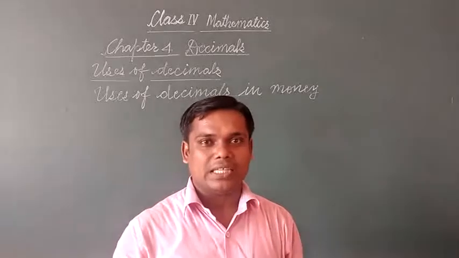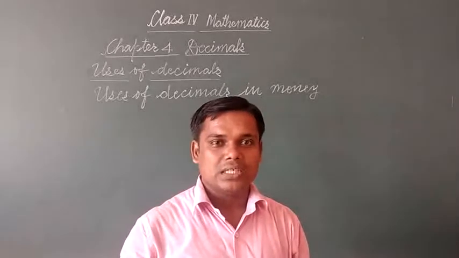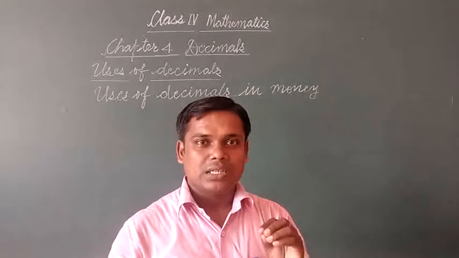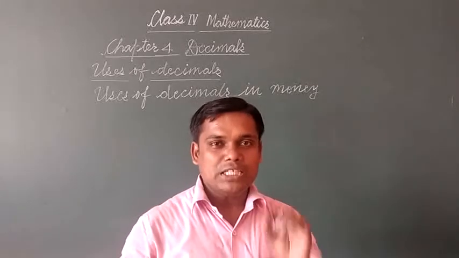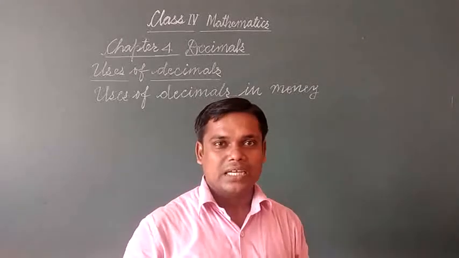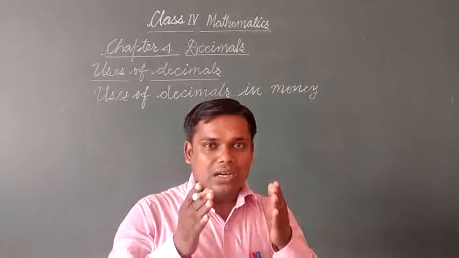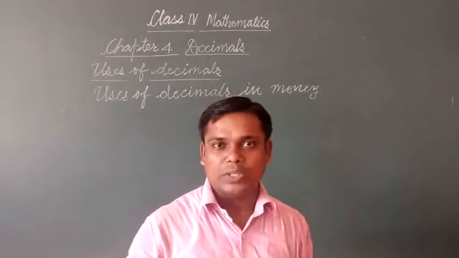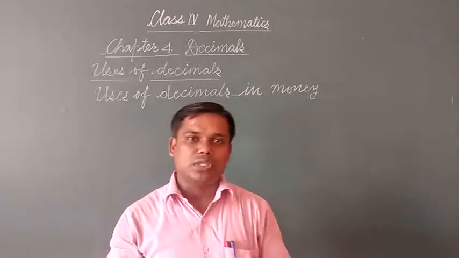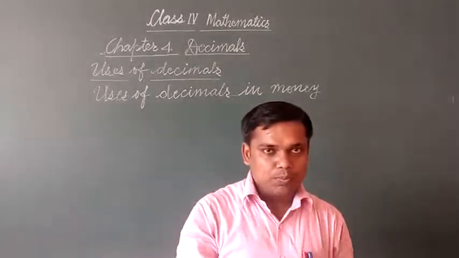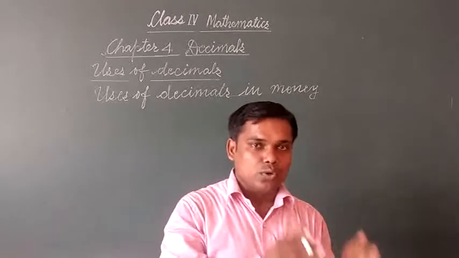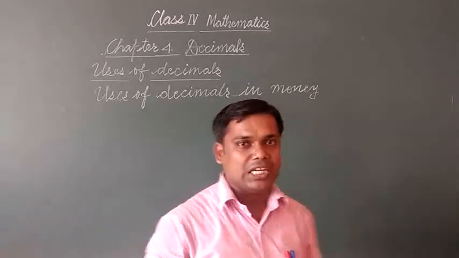Earlier the smallest unit to measure rupees was the paisa, meaning 1 paisa, and 100 paise equals 1 rupee. So whenever you have to convert from rupees to paise and paise to rupees, you have to use this relation.